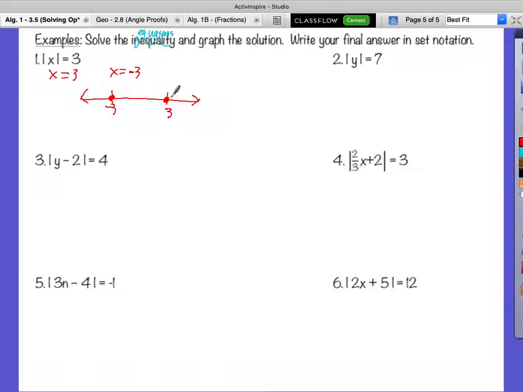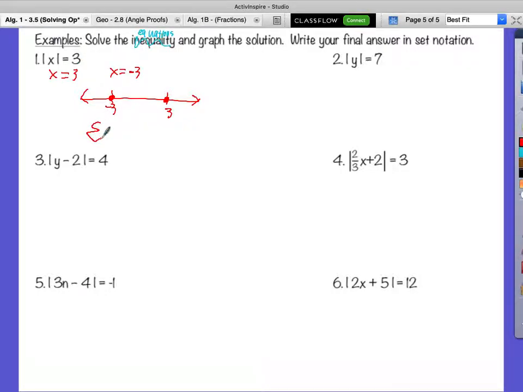We only have arrows when it's an inequality because that's talking about a broad range of numbers. In this case though, we're just talking about x is exactly -3 or x is exactly 3. Because if x is 4, then the absolute value isn't 3. If x is 5, the absolute value isn't 3. If x is 0, the absolute value is not 3. So that'd be our graph.